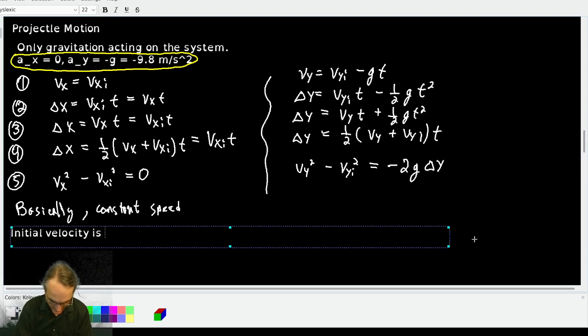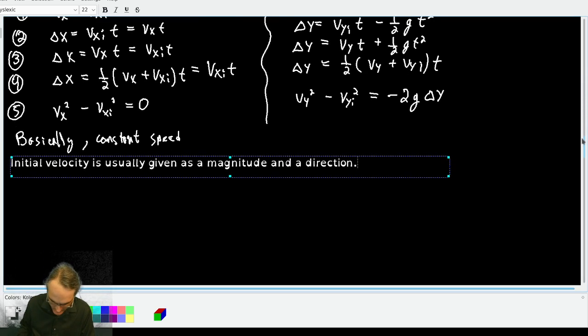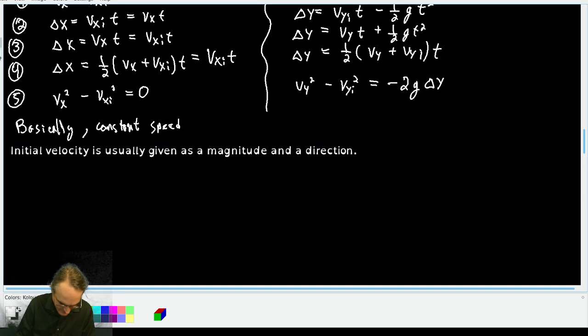The initial velocity is usually given as a magnitude and a direction. So just a little bit more and we'll be done with this section.